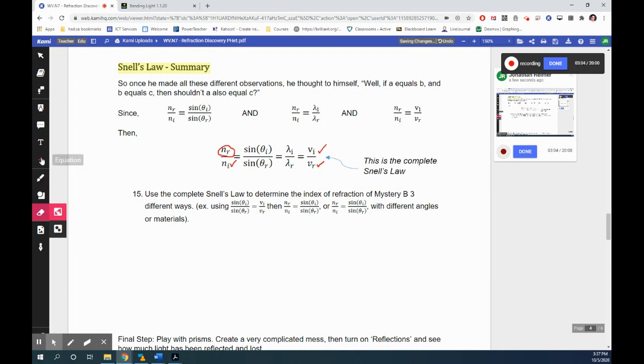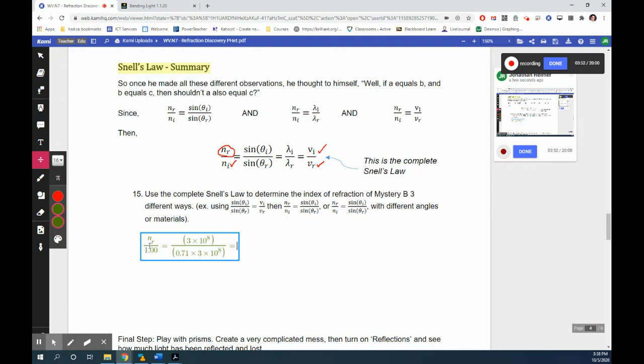Let's do it. What this looks like is we're going to use this section. The one we circled is on top, so we leave it that way. That's perfect. NR divided by NI equals, oh, we don't need NI. We know what NI is, 1.0, the index of refraction in air. It equals 3 times 10 to the 8, that's the speed of light in air, divided by 0.71 times 3 times 10 to the 8.